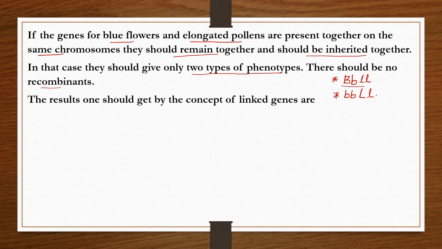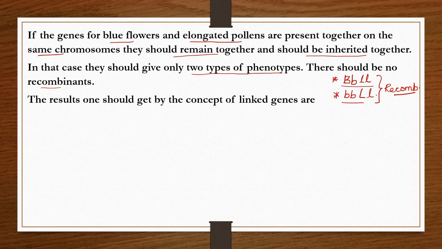These are the two recombinants we will observe in the dihybrid cross, or independent assortment.